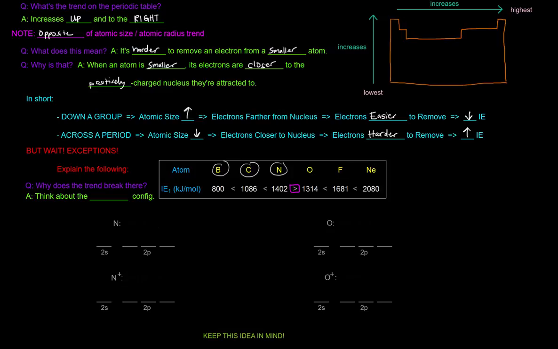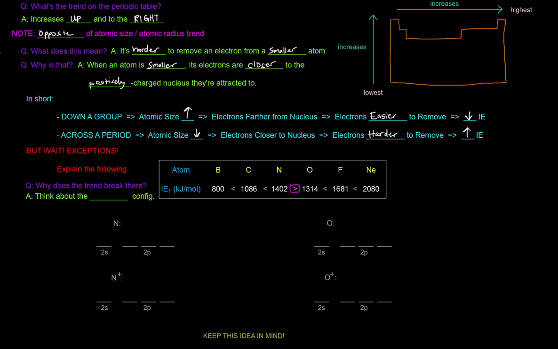As we pay attention to the trend, going from here to here, it increases, here to here, increases, here to here, it's kind of weird, it decreases, but here to here, it increases, and here to here, it increases. So generally it increases, but there is an exception. We talked about this in the intro about how this is just a trend, not an end-all be-all sort of thing. So the question is, why is this trend broken here?